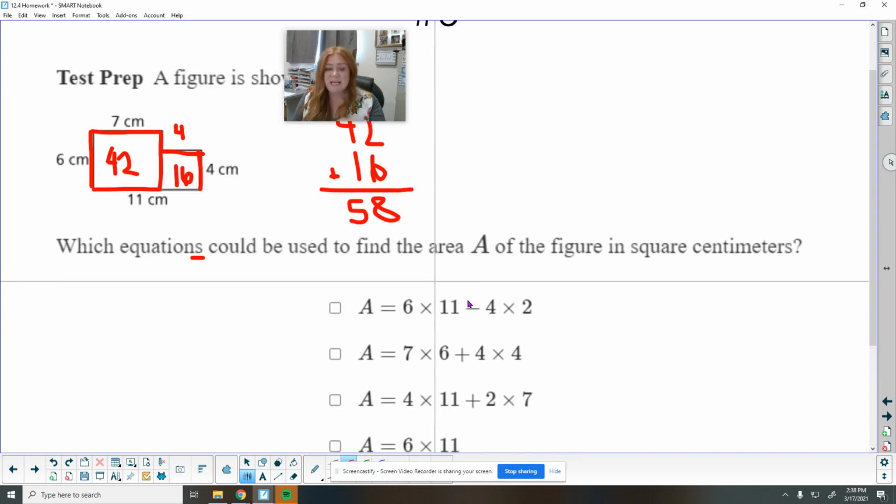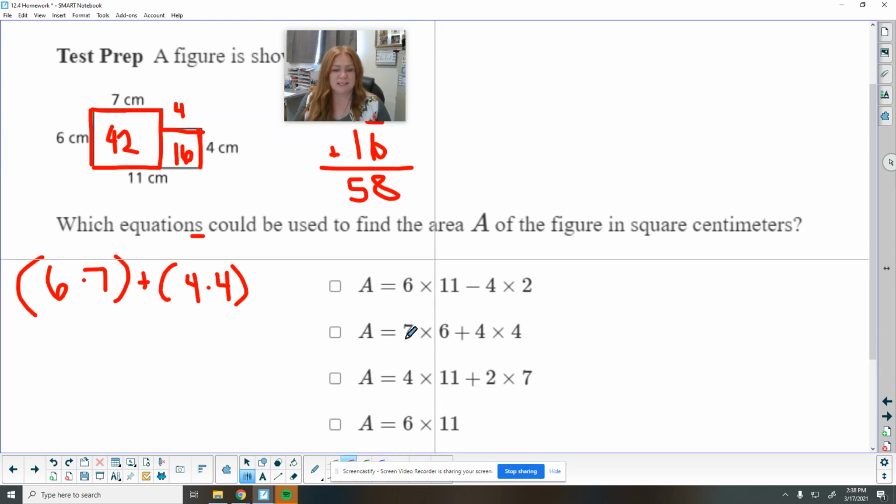So we're looking for any of these that are equaling 58. So let's write down, we did 6 times 7, and then we added on 4 times 4. So here we can see 7 times 6 and 4 times 4. So there's one that equals 58.